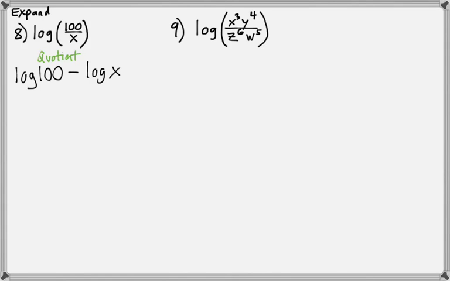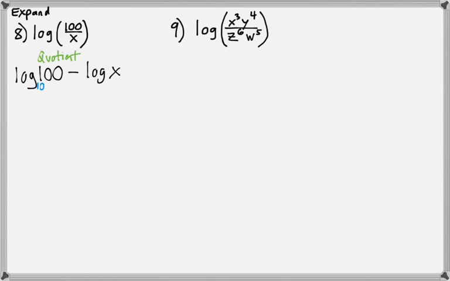Okay, we're almost done. The log of x is okay, but log of 100, the implied base here is 10. And again, anytime you get two regular numbers here and here, then it's possible that you can simplify that more.